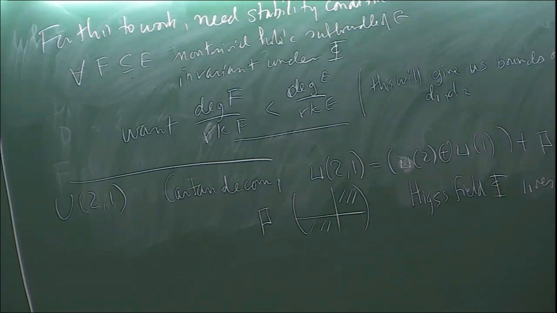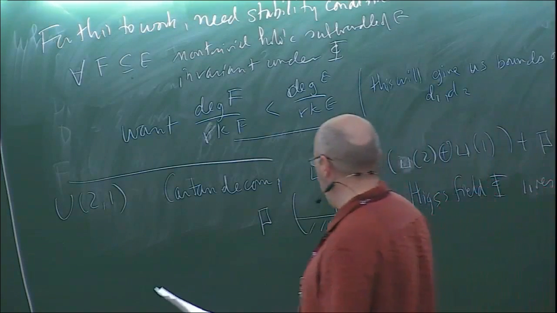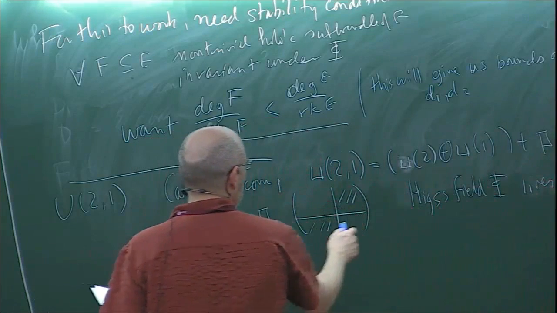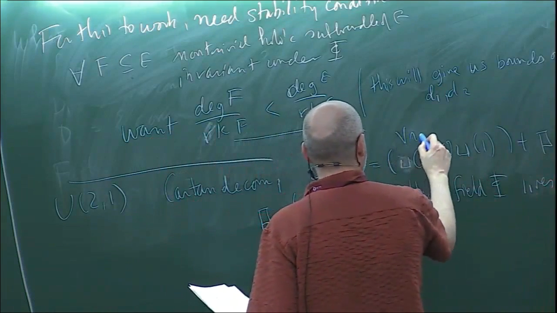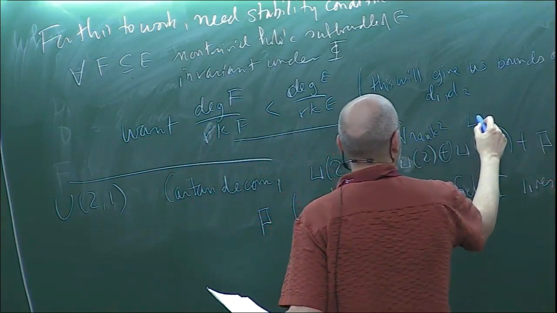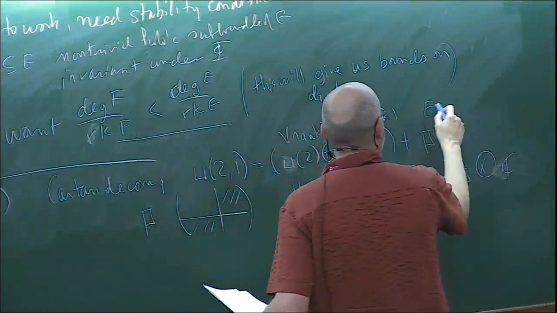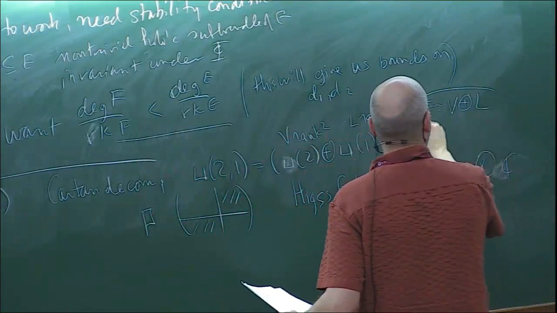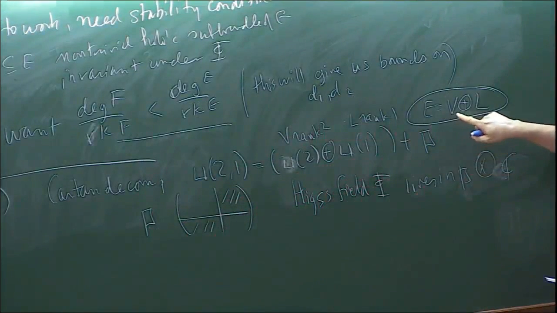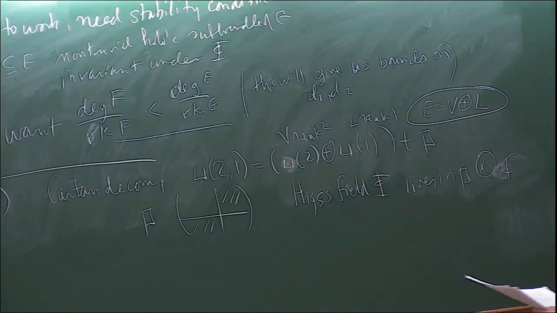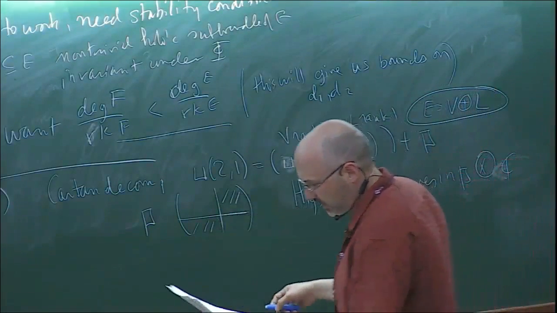So that's kind of imprecise, but what goes on here is that V is going to be a rank 2 vector bundle, and L is going to be rank 1. So E is going to be, this actually does give us a holomorphic splitting of E into V plus L. V is rank 2 and L is rank 1. And then the Higgs field lives here and here.